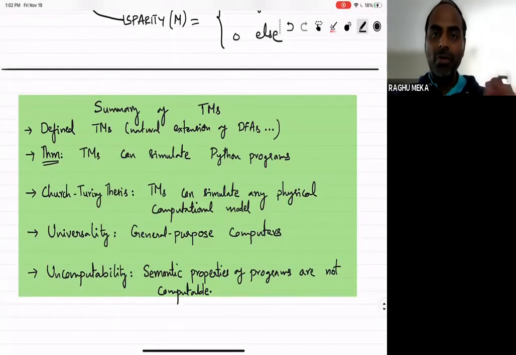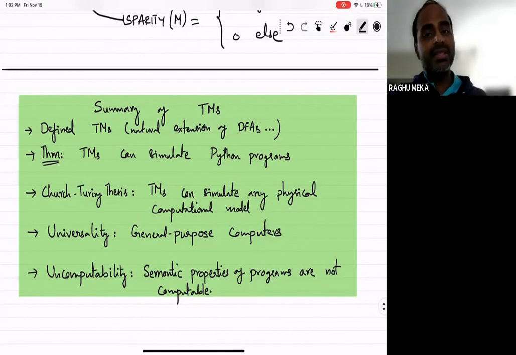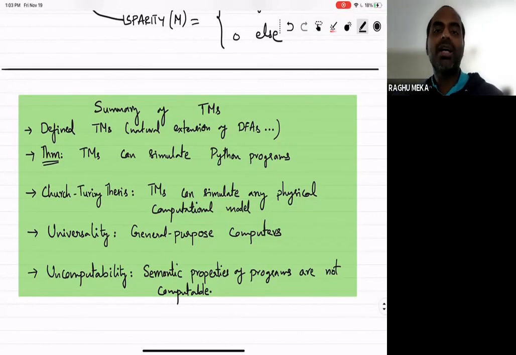And then we also had this notion of universality, and this was a formal thing that we proved, saying that there is a single Turing machine which can simulate any other Turing machine. You can view a description of a machine as input to this other machine. And finally, we used this interpretation of code as data, viewing the input to the machine as a machine itself, which led to all kinds of weird circular things.